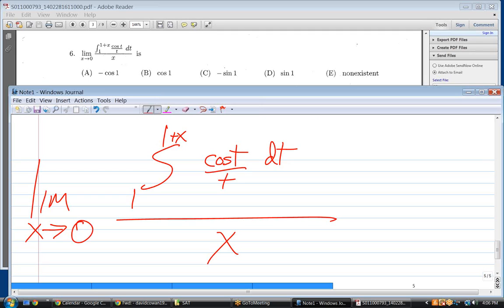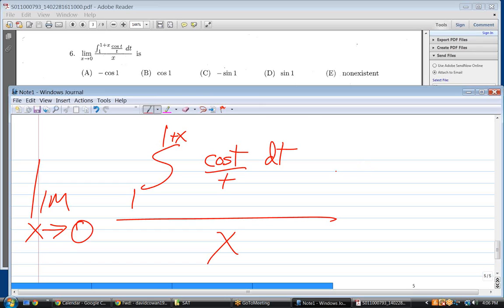How the heck do we integrate that? I don't think you do. I'm pretty sure you take the derivative of the integral. So it'd just be cosine of 1 plus x over x.